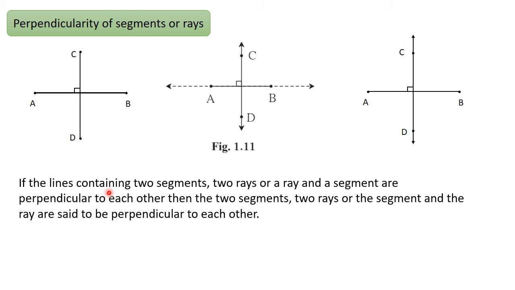So the first case is two segments, but it can also be two rays, or a ray and a segment. Here we have shown two lines in the second case, but it can be two rays also, or a ray and a segment, that are perpendicular to each other when they are at 90-degree to each other.